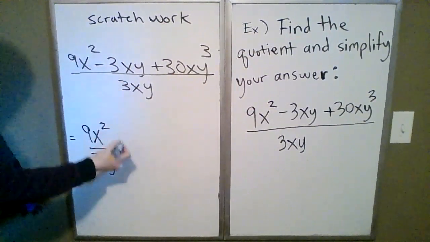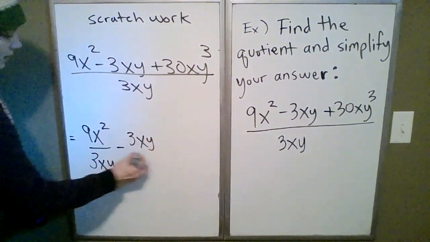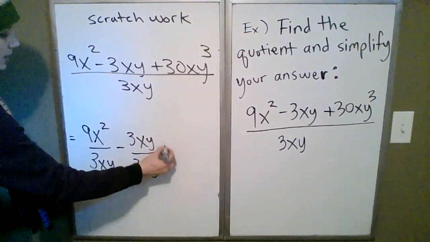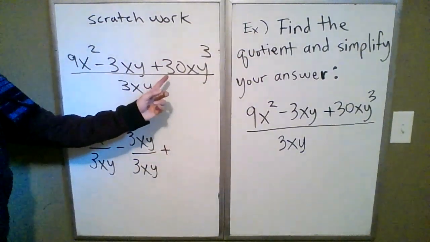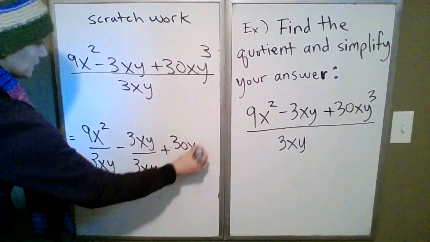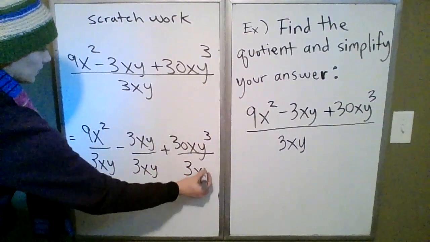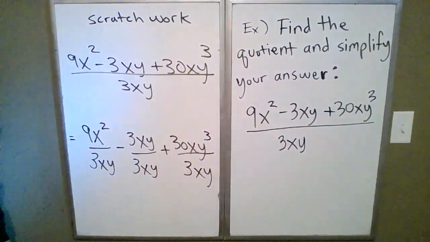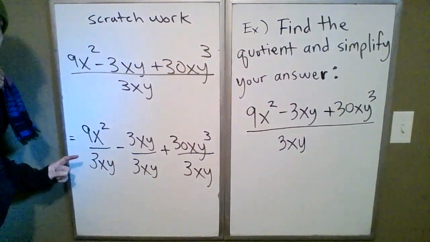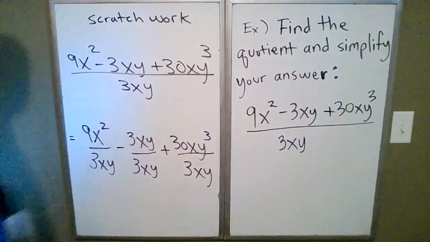And then minus the 3xy over 3xy. And then there's a plus 30xy cubed over the denominator. Let's keep working.